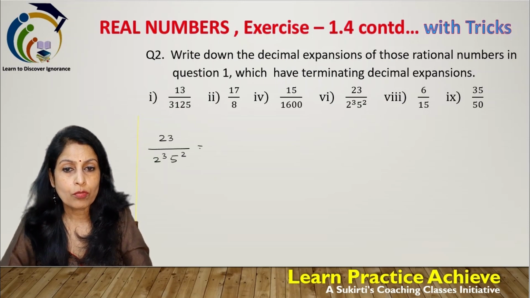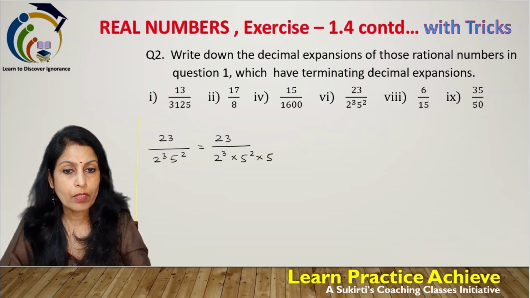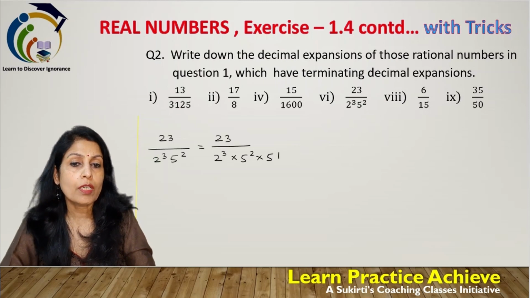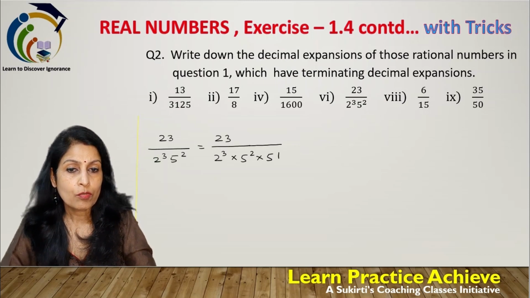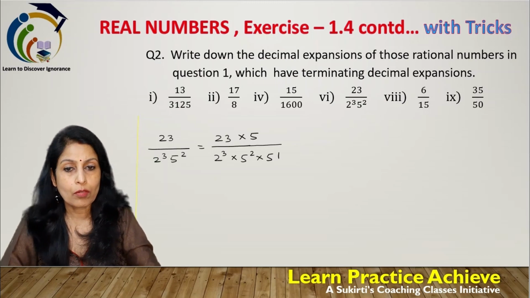So that is why, to make it equal, what we have to do: 23 upon 2 to the power 3 into 5 to the power 2, again 5 to the power 1. So that we get 2 to the power 3 and 5 to the power 3. So you have to multiply this number also by 5 to the power 1, or 5.